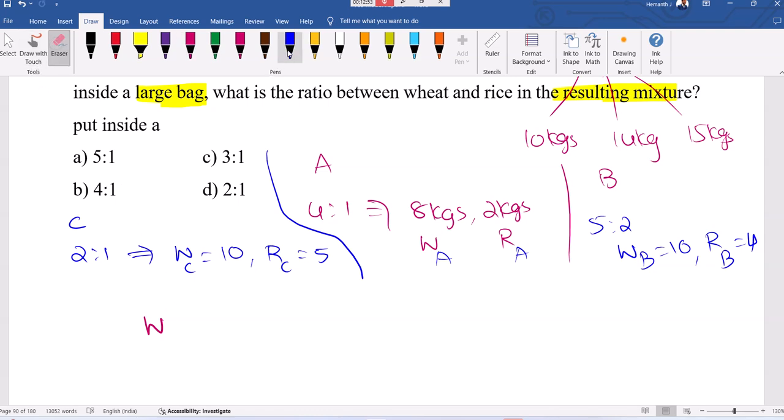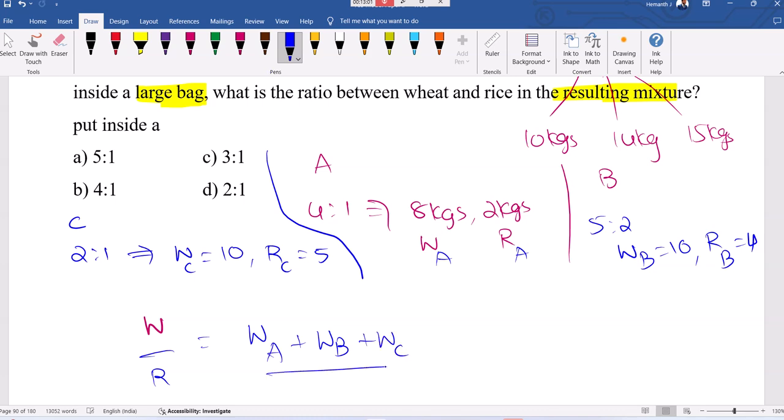Wheat from A, wheat from B, wheat from C, all three added. Rice from A, rice from B, rice from C is nothing but the rice in that mixed bag. So 8 plus 10 plus 10, 28. 5 plus 2 plus 4, 11.